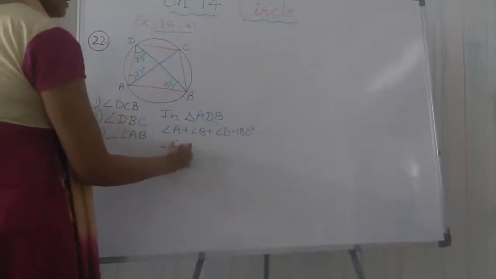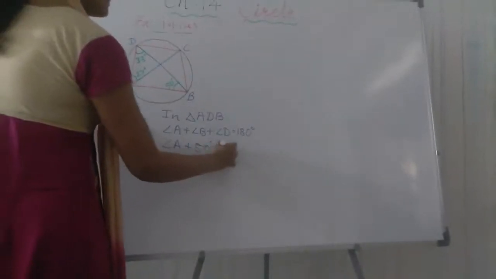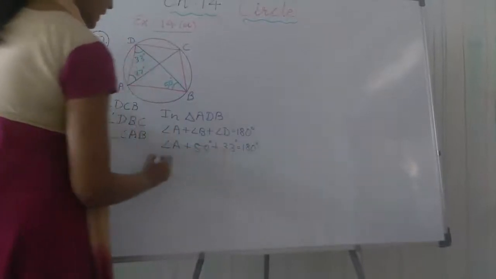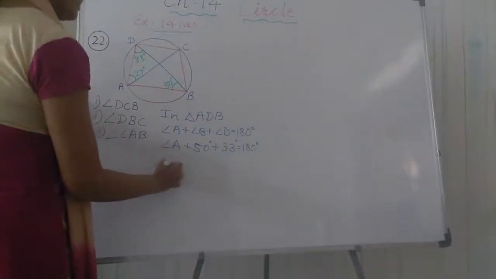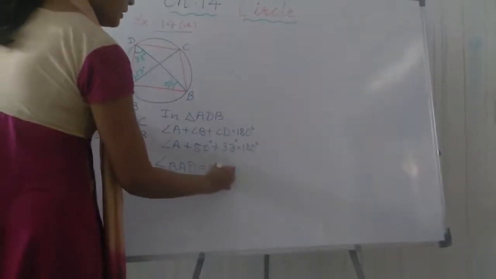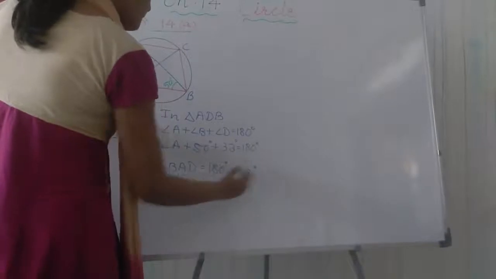So this angle A we want to find out. B is 50 degree and D is 33 degree. So by calculation we get angle BAD is equal to 180 degree minus 83 degree.